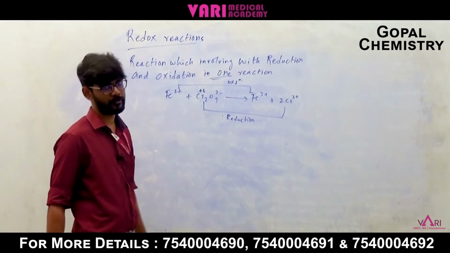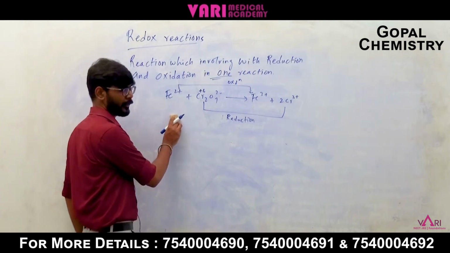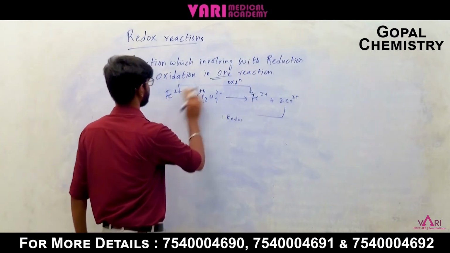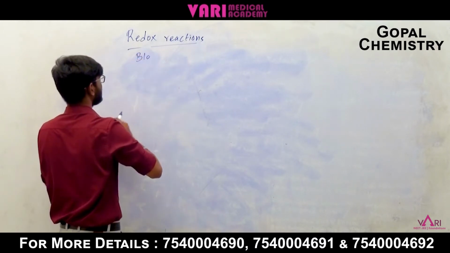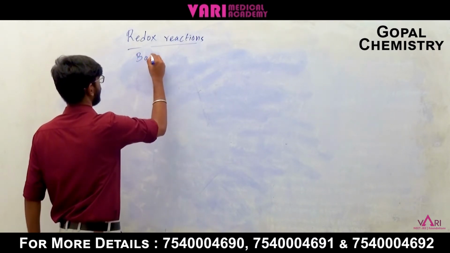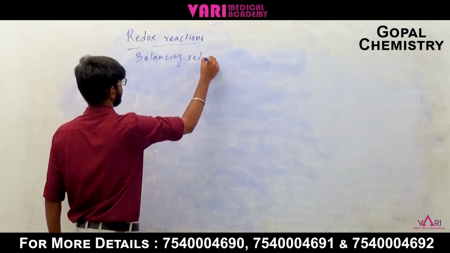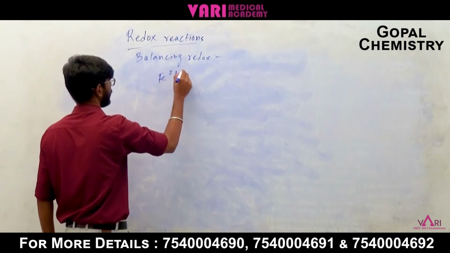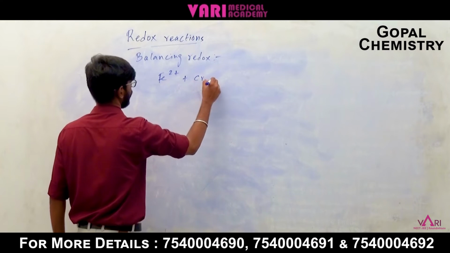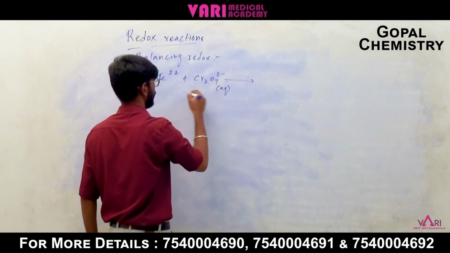So next we are going to see balancing of redox reactions. For example, Fe2+ plus Cr2O7 2- gives Fe3+ plus Cr3+.